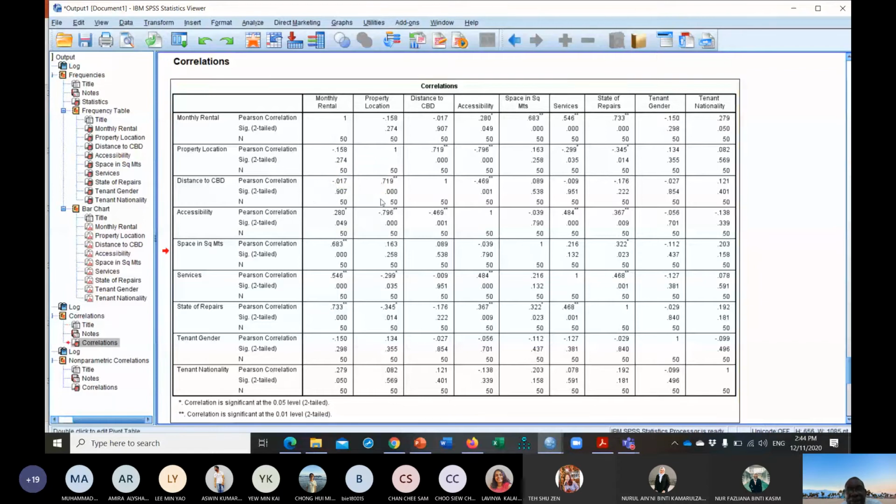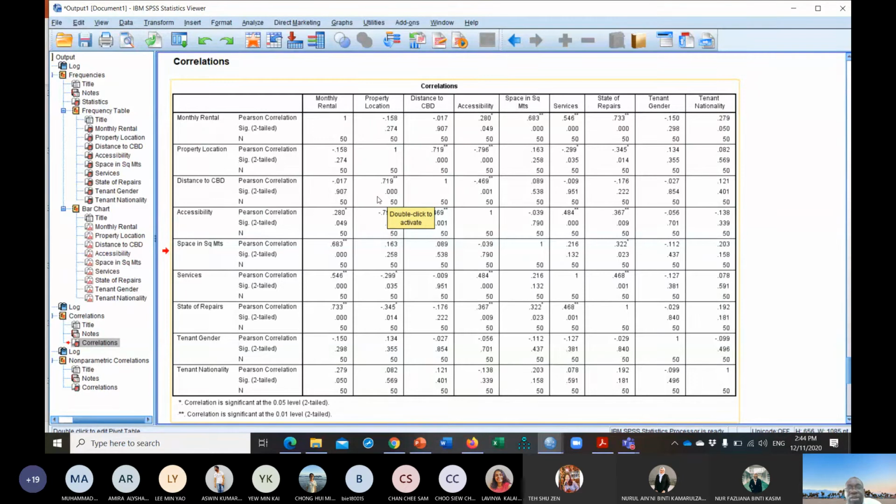Again, let's look at this one that is significant, because I want to explain it. This is distance to CBD with property location, okay? Distance to CBD with property location.